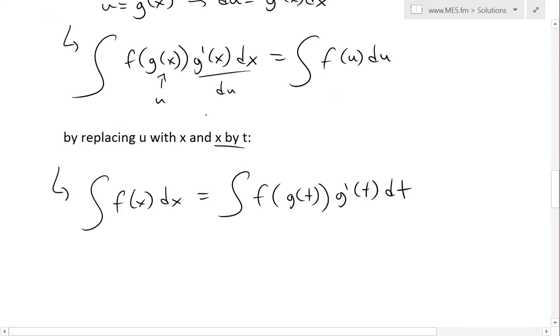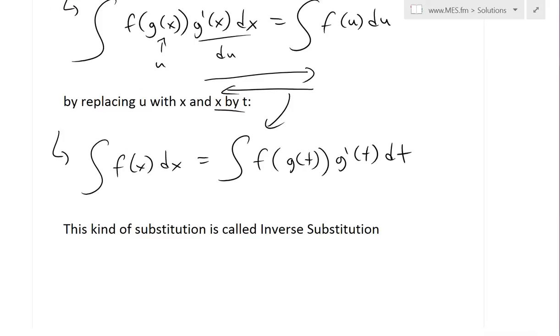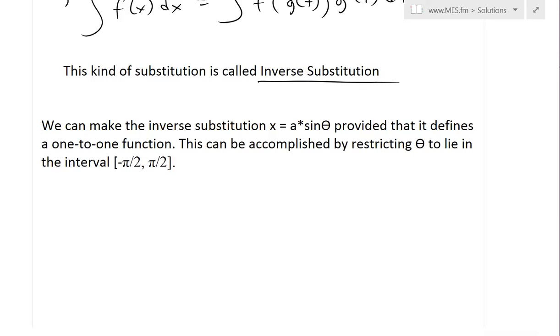So we're going from this side to this side, just going in reverse. And that is pretty much what we're going to be doing with trig substitutions.